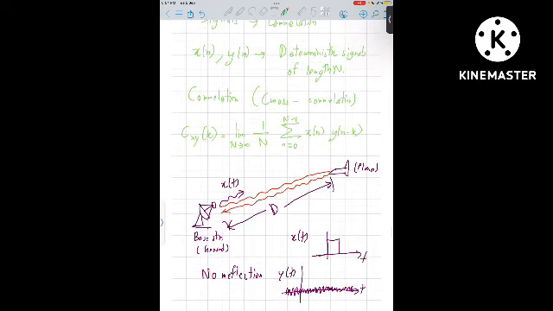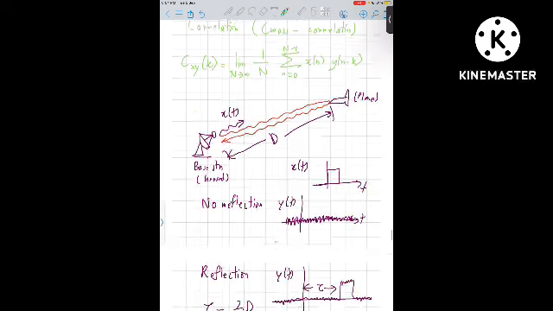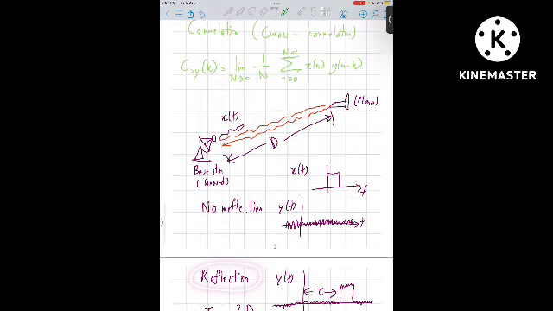But when you have a reflection, you get back the pulse, something like this. This time tau is 2d upon v, where d is the distance between the radar station and the plane, and v is the velocity of the propagating wave.